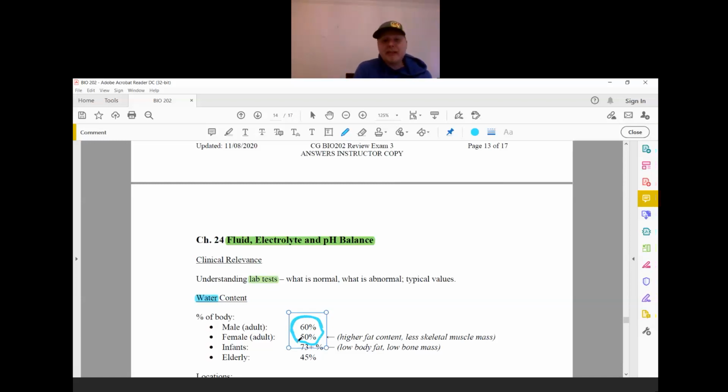That's mainly because females have a little bit higher body fat content and less skeletal muscle mass than males on average. We also notice that infants have higher water content because of their low body fat and low bone mass, whereas elderly people have less water content in their body.